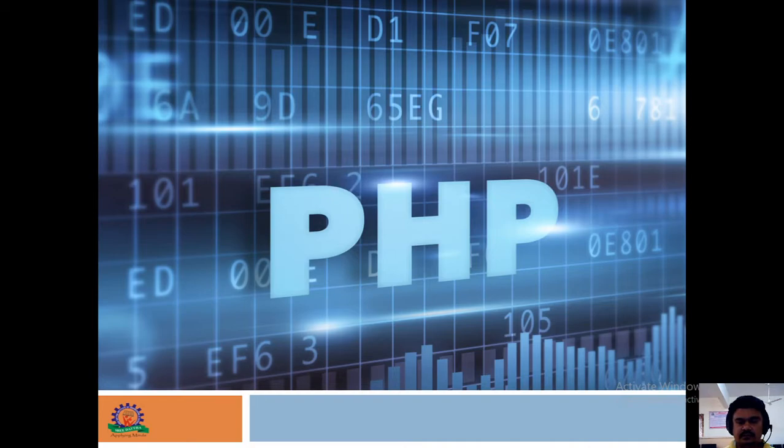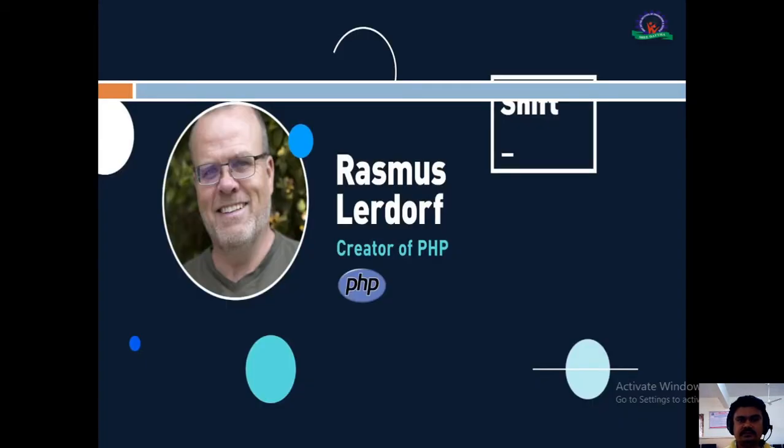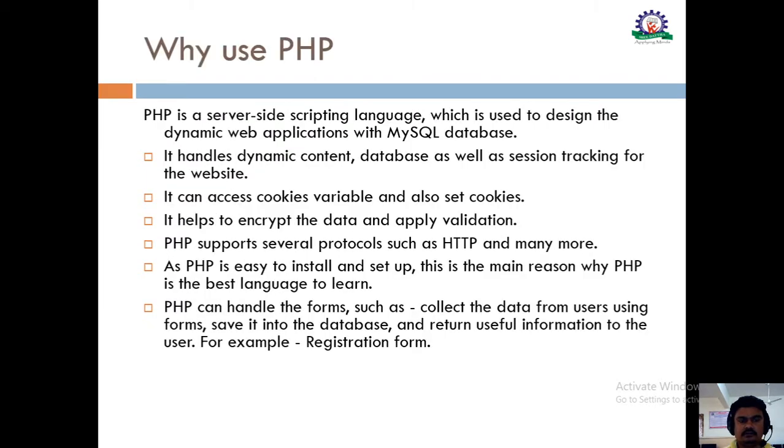We learned what PHP is, who the inventor or creator of PHP is, and the most important points to remember once we start writing any PHP code or start using the PHP language. We also studied why we need to use PHP, or whether there is any other language available other than PHP.